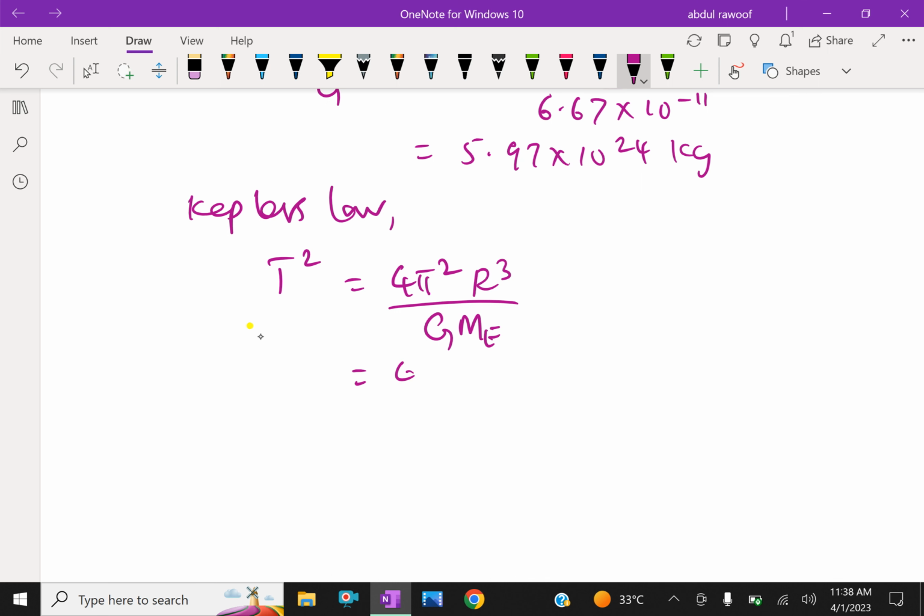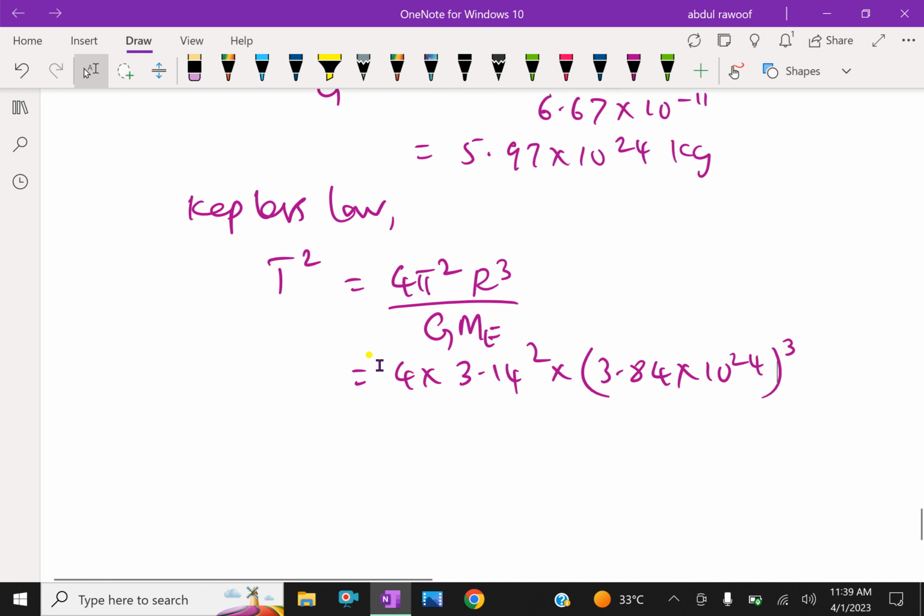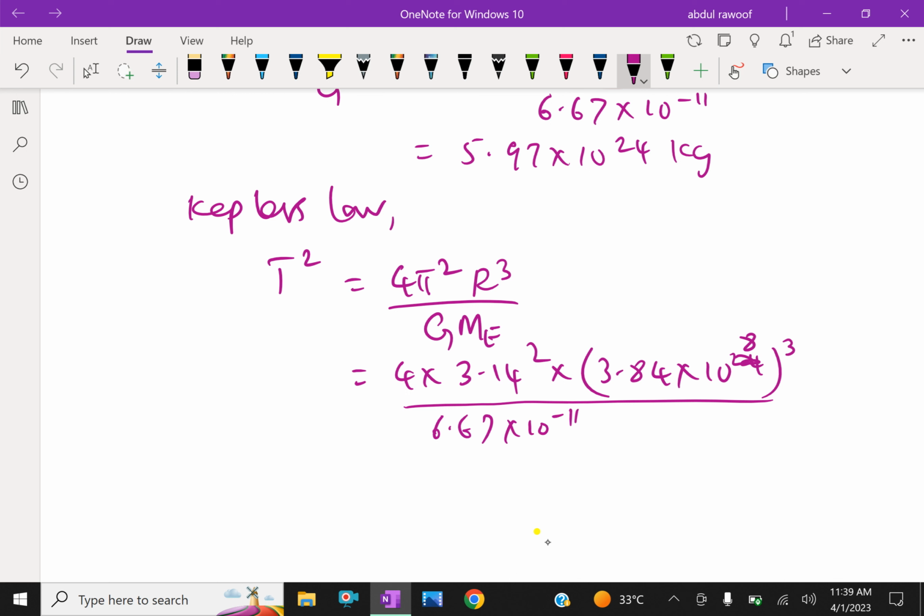The values: 4, 3.14 squared, radius is 3.84 into 10 power 8, whole cube, over G constant 6.67 into 10 raised to minus 11, ME.